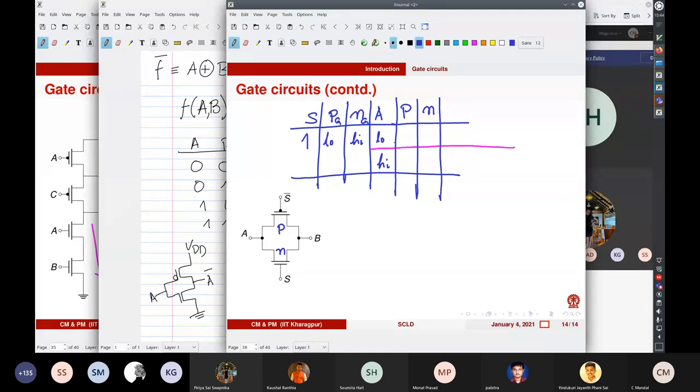When A is at a low voltage, the gate is at a high voltage and A is at a low voltage, so you have a potential difference here which will populate electrons in the gate. Oh sorry, again I made a mistake.